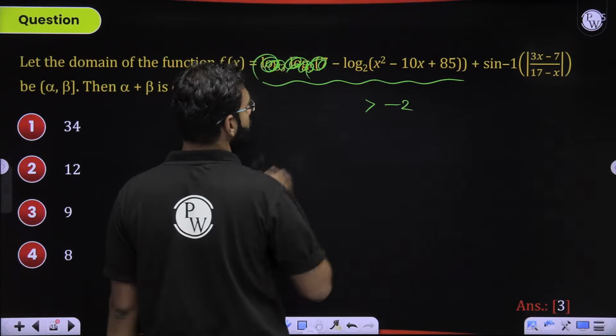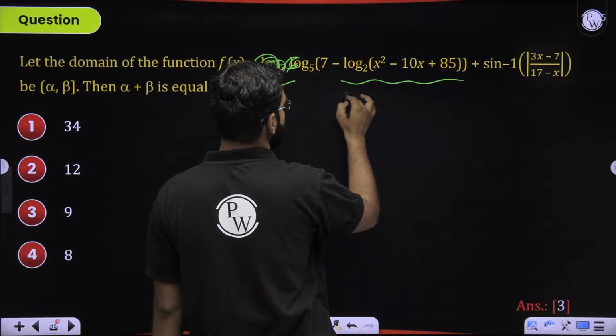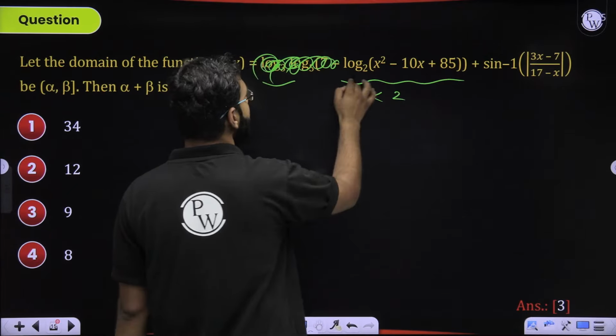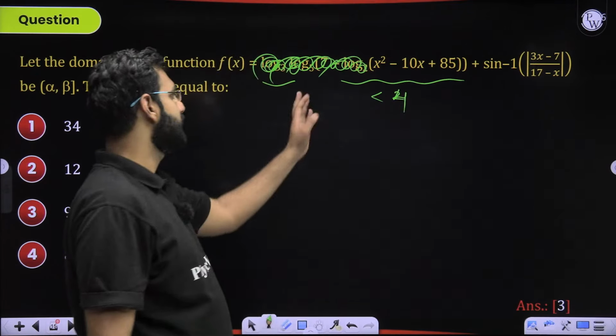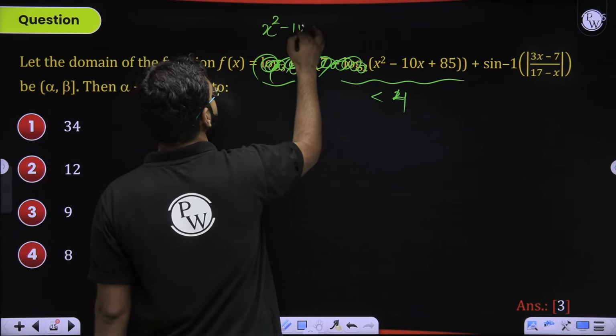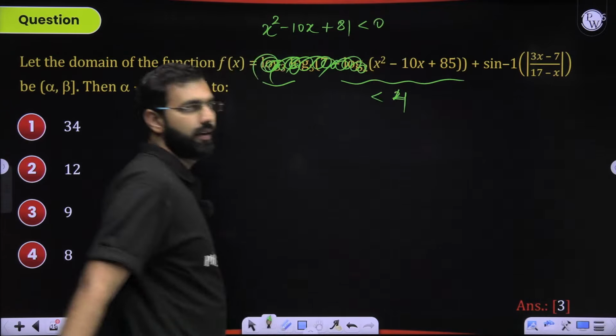So if I multiply both sides by minus, it will become, it is greater than minus 2, so it will be less than 2. Now if I take the antilog again, it will be 2 to the power 2, which is 4. So this x square minus 10x plus 85 should be less than 4. Then x square minus 10x plus 81 should be less than 0.